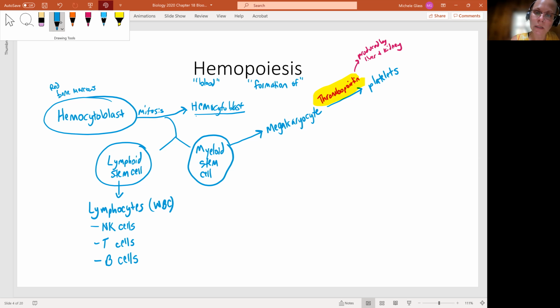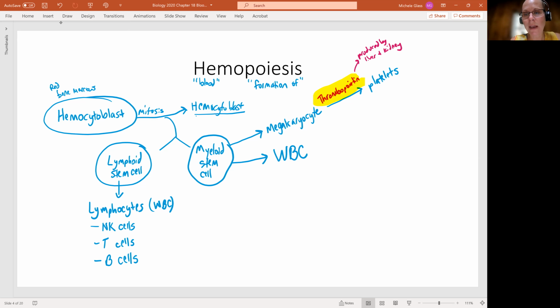We also see that the myeloid stem cell is going to give rise to our white blood cells. Now remember, we have 5 types of white blood cells. 4 of them are related back to this myeloid stem cell.